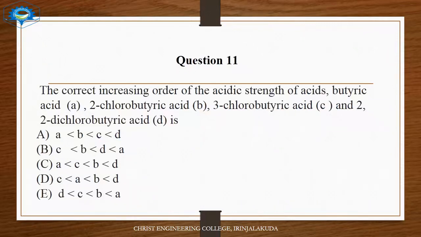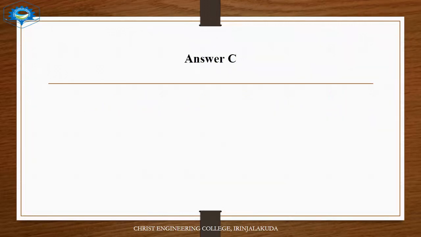Option A, A less than B less than C less than D. Option B, C less than B less than D less than A. Option C, A less than C less than B less than D. Option D, C less than A less than B less than D. Option E, D less than C less than B less than A. Our answer is C.